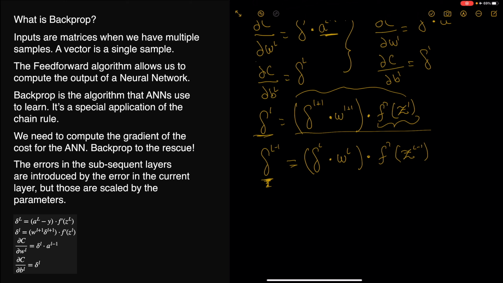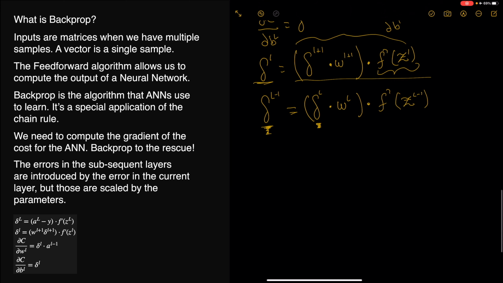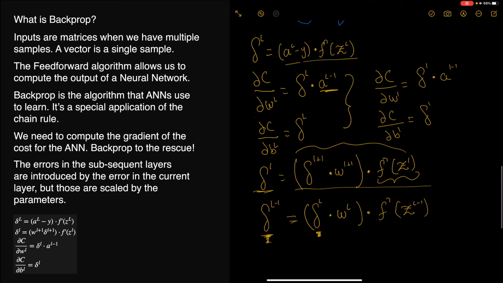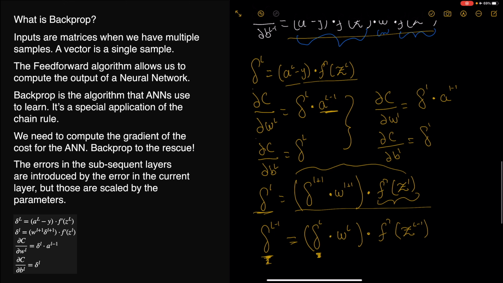All right, but what is WL? W capital L. Sorry, I keep saying W. What is the error at the Lth layer? And we have that defined here. This is the only one that falls out of the pattern because it depends on which cost function we're using.